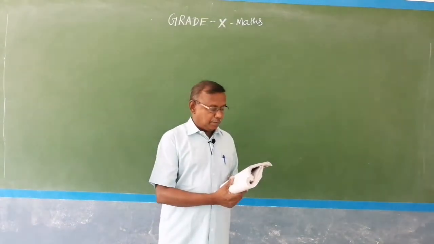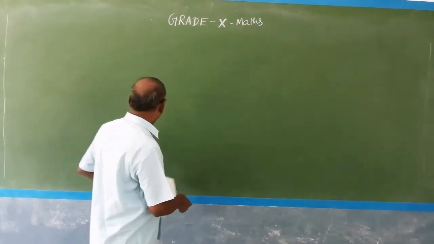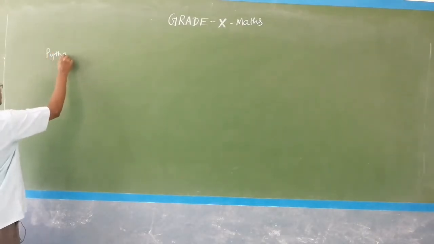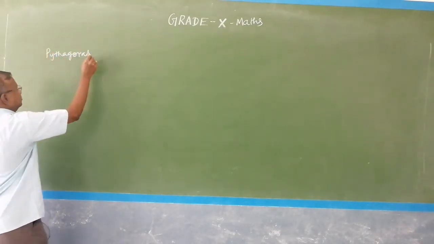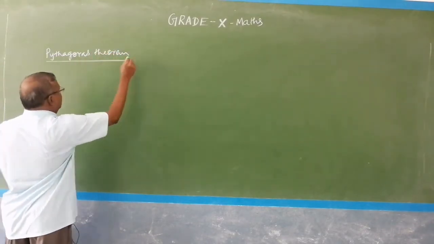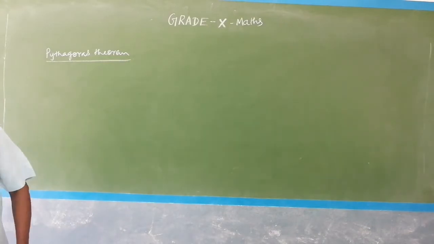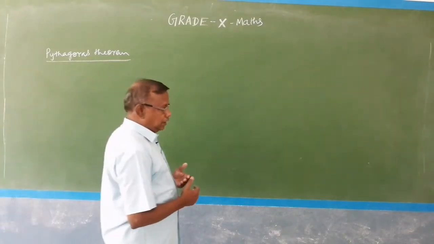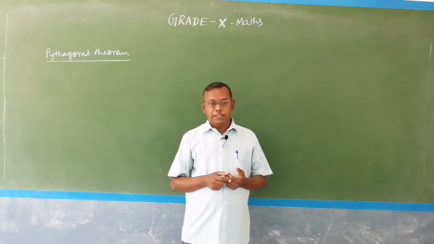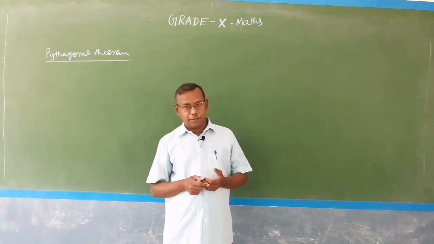Go to page number 144, Pythagoras theorem. We know that Pythagoras theorem states that in a right angle triangle, the square of the hypotenuse is equal to the sum of the squares of the other two sides.